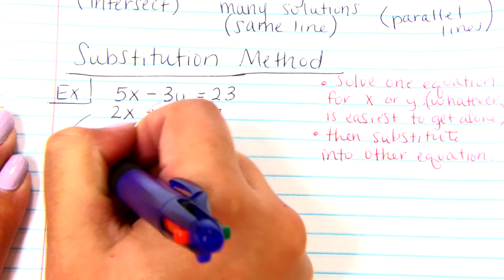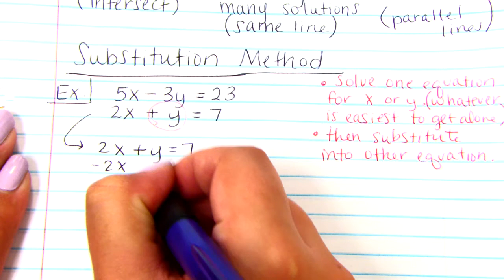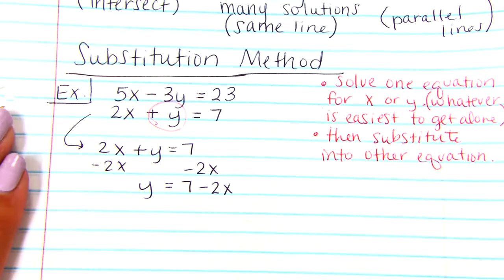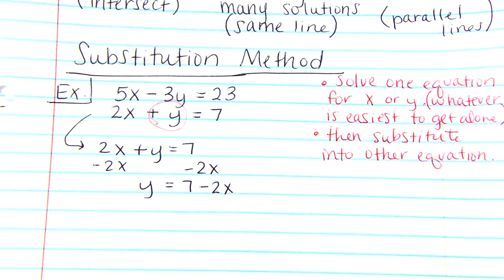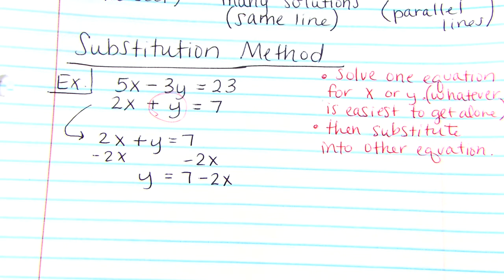Minus 2x. Perfect. Now, it doesn't matter if you put the 2x in front or behind. You're just trying to get y by itself. So we're not graphing it, so you don't really need y equals mx plus b. That part doesn't really matter. Yes? If you put the 2x on the front, would it be negative 2x? Absolutely. Yes, exactly. Negative 2x plus 7 if you put that in front.